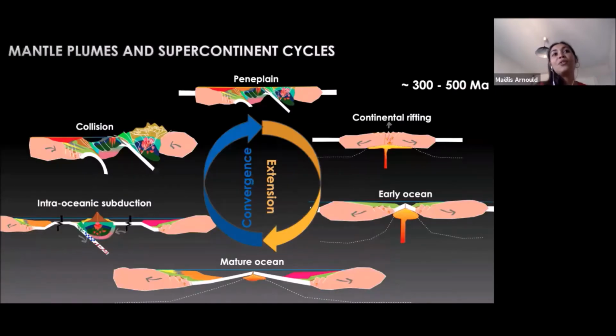And when you reconstruct past plate motions, what we tend to think now is that plate tectonic self-organization and reorganizations have led to specific organization of continents into the so-called supercontinent cycle, or the Wilson cycle, which is sketched here.